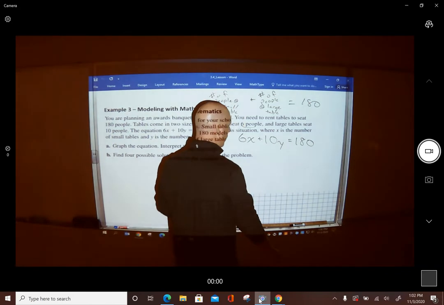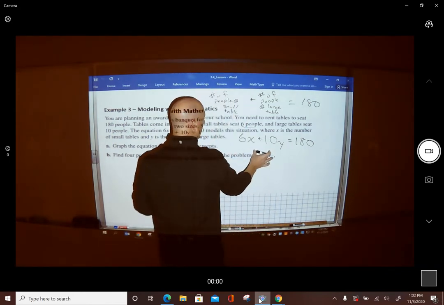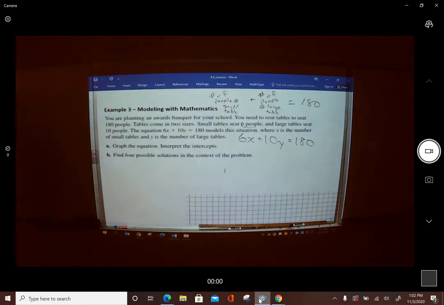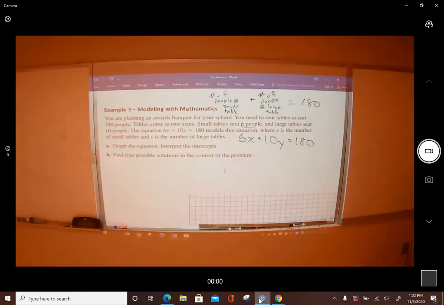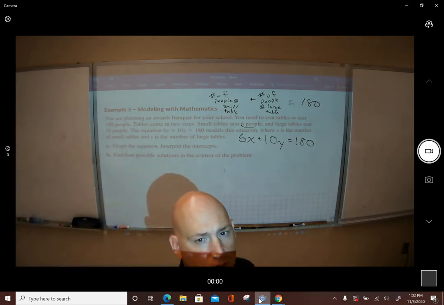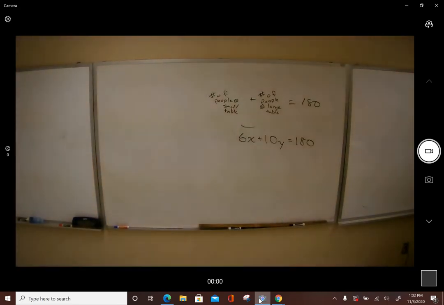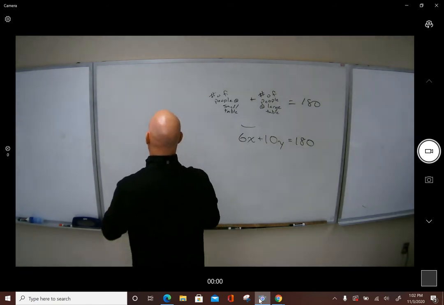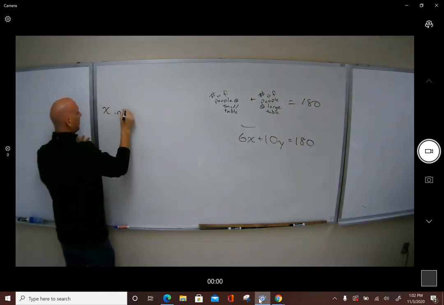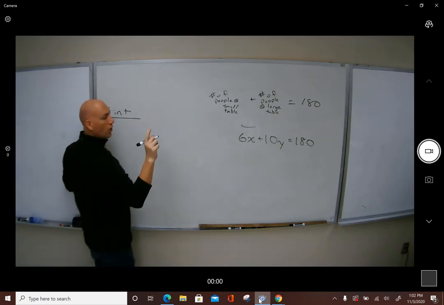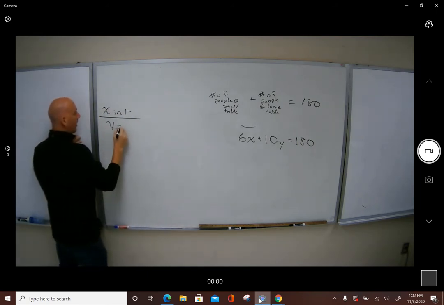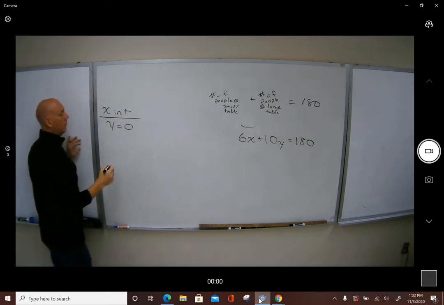So the first thing I want to do is just find the intercepts. To do that, I'm going to turn the lights on here for a minute and cover this up, because we don't need the problem for this. We're just going to work this out. To find the x-intercept, we know something: at the x-intercept, y equals 0.